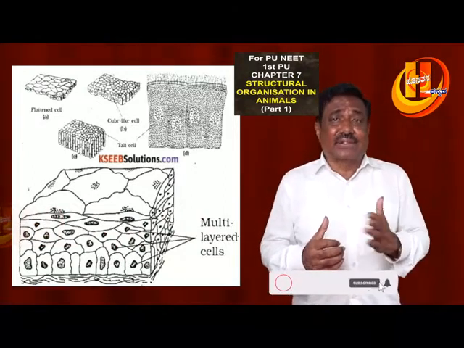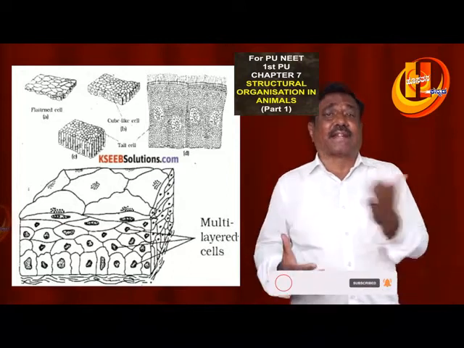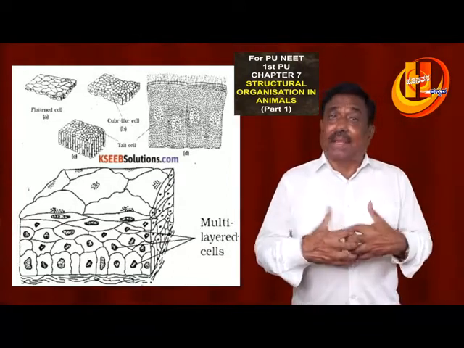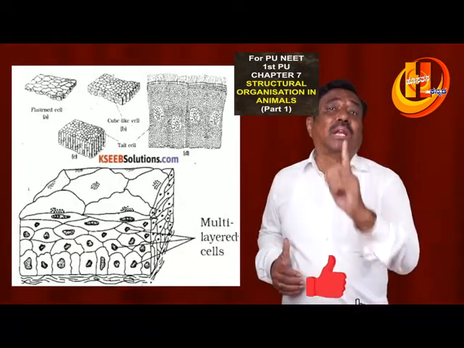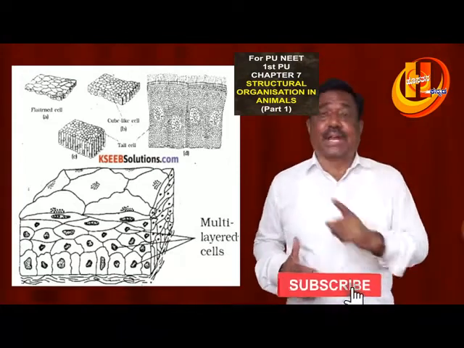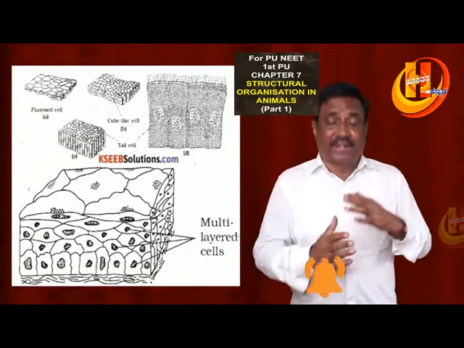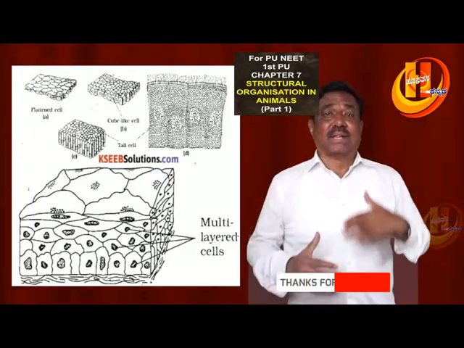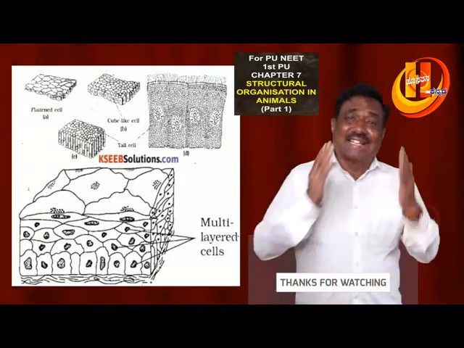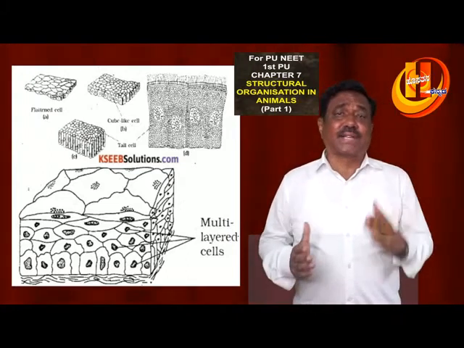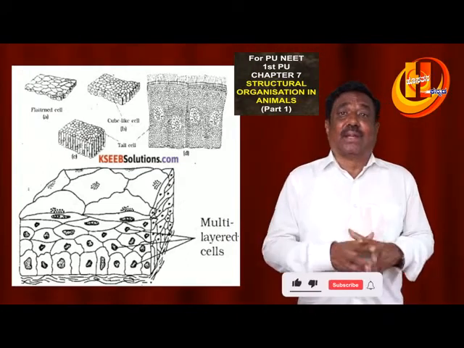Adhesive joints make tight contact with the neighboring cells, and only in gap joints is there an exchange of ions, molecules and even the cytoplasm of the adjoining cells. So these joints are also very important.